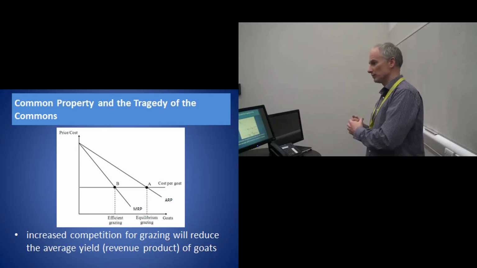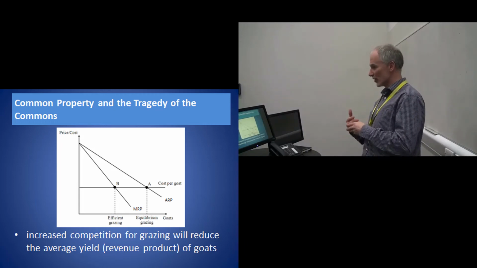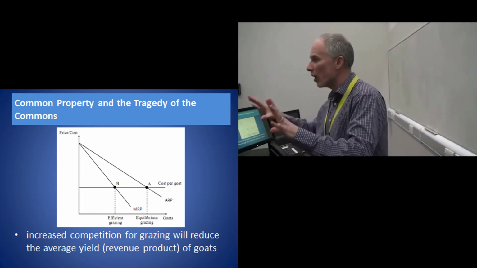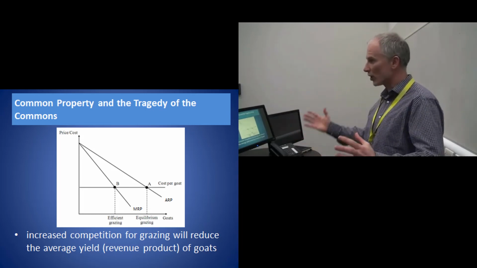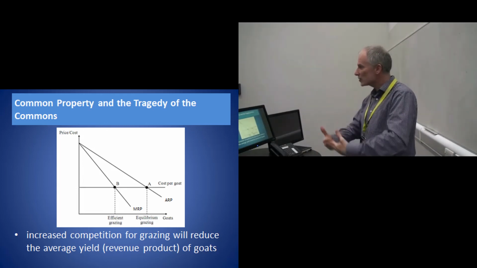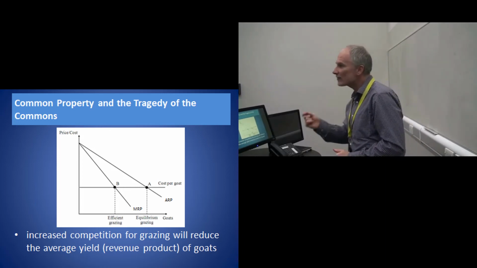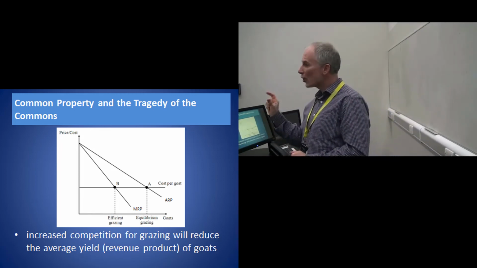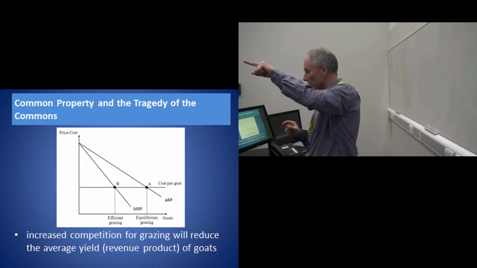However, there's a real problem. As the villagers take their goats to the common land to graze, as they eat more and more of the grass, as more and more goats go on the common land, there is increased competition for grass, because with more goats, there's less grass available. So as the number of goats grazing on this land increases, the average yield, the amount of milk on average that each goat can produce, will fall.